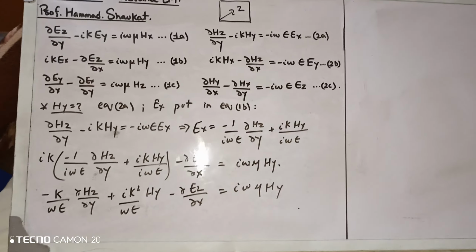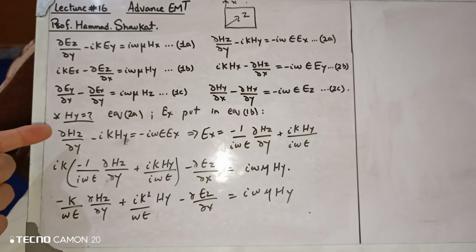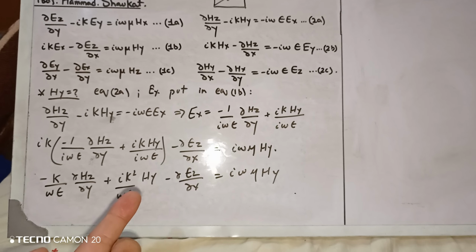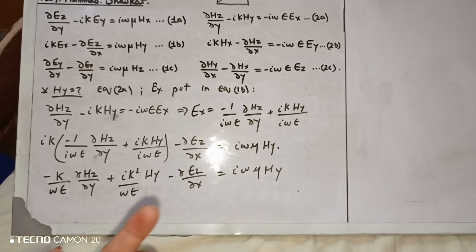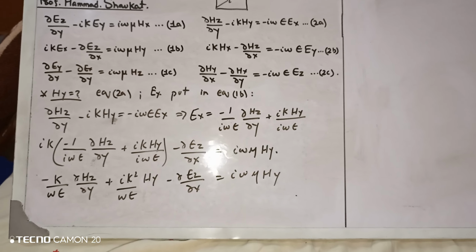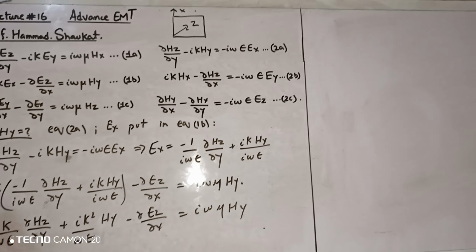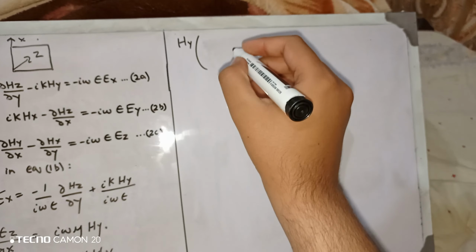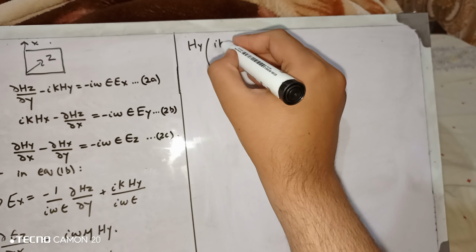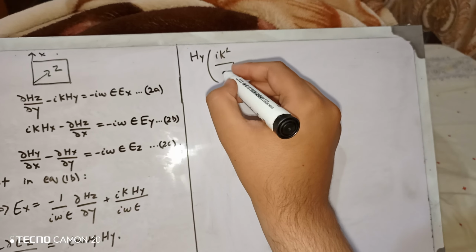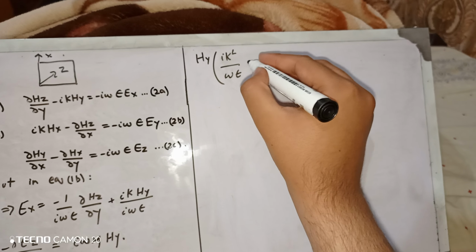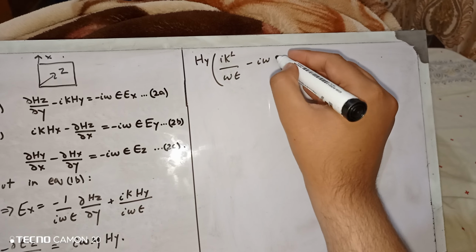Now the same thing we have to do, because we are finding the value of Hy. What we have to do, we have to move this Hy term to the Hy terms and move this and this term to the other side of the equals sign. So let's do this. As you take Hy common, you will be left with iota k square divided by omega epsilon minus iota omega mu.